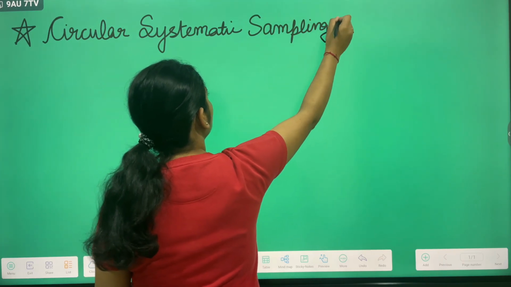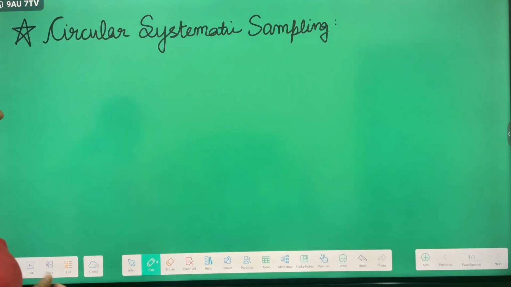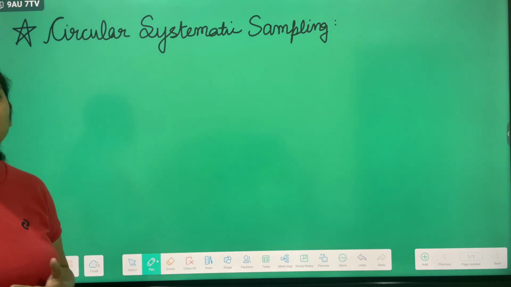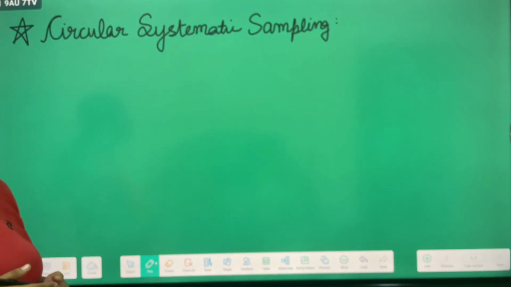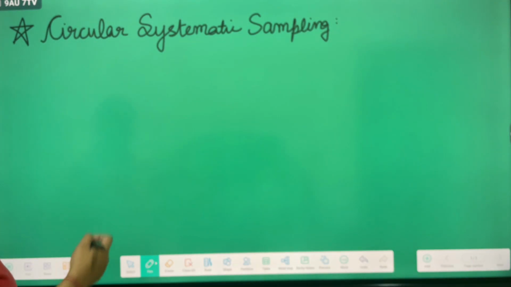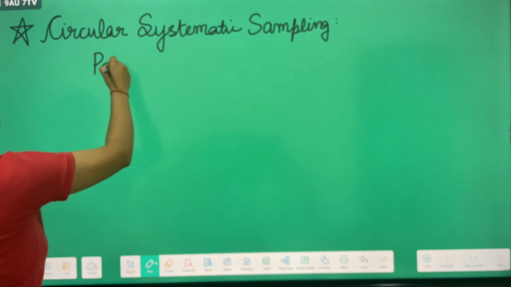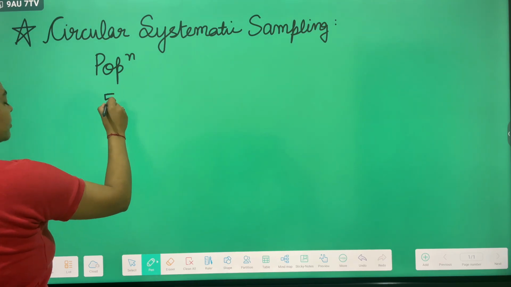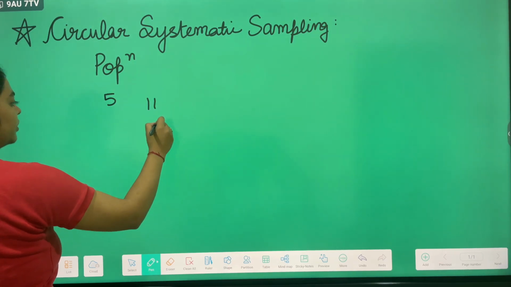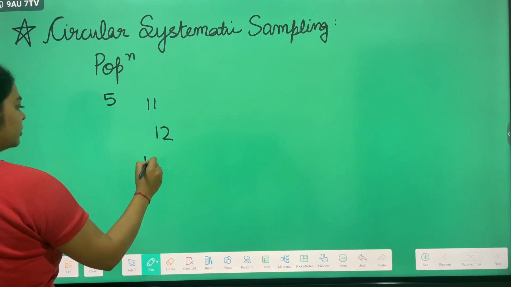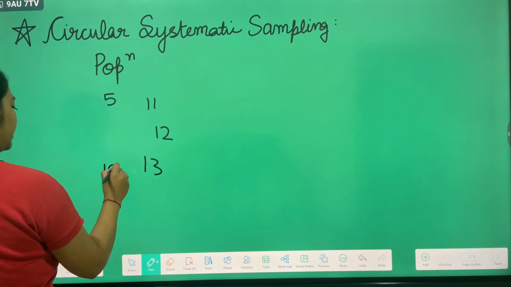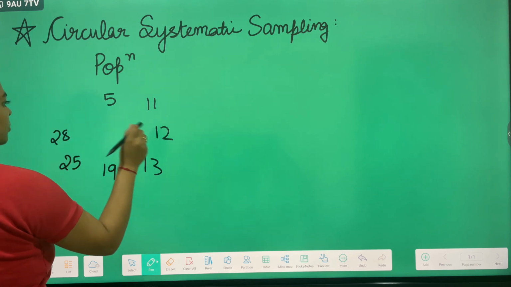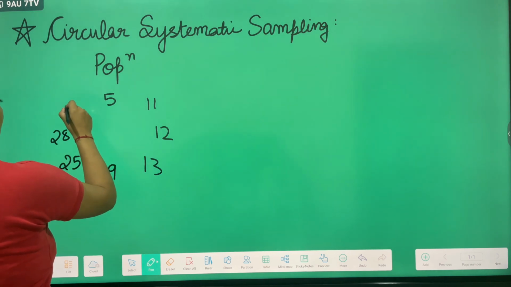So it is equivalent to linear systematic sampling. The only thing is we can reselect the sample while going in a circular motion. Let us take a population of 5, 11, 12, 13, 19, 25, 28, and 31.